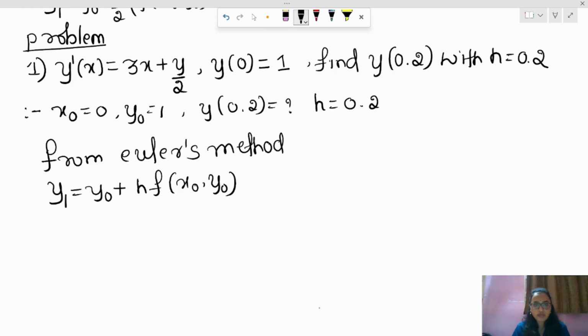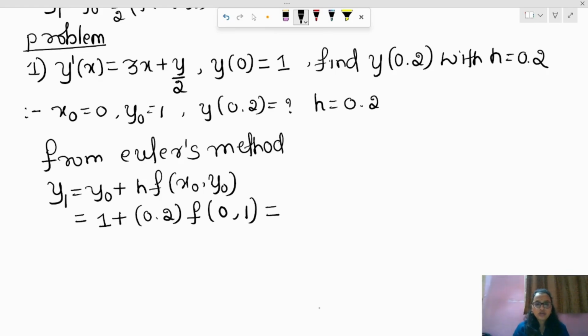We have the value of y0, that is 1. We have the value of h, that is 0.2, and f of x0 comma y0 where x0 is 0 and y0 is 1.